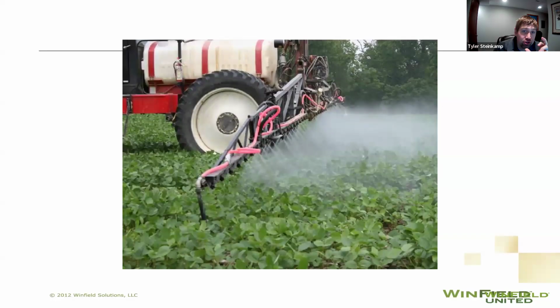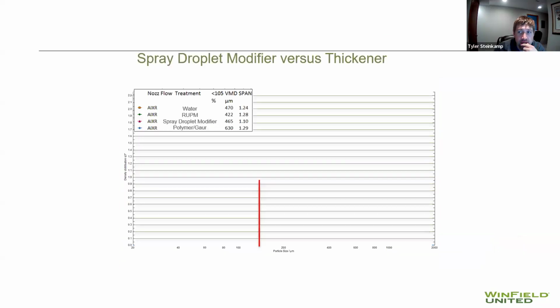Okay. Now, there's two different types of drift and deposition aids. And this is some of the work that we've done up at River Falls here with the wind tunnel, and we continue to evaluate a lot of stuff. I'm really excited about some of the stuff that we got coming out of the Innovation Center, especially going forward, like with new technology.